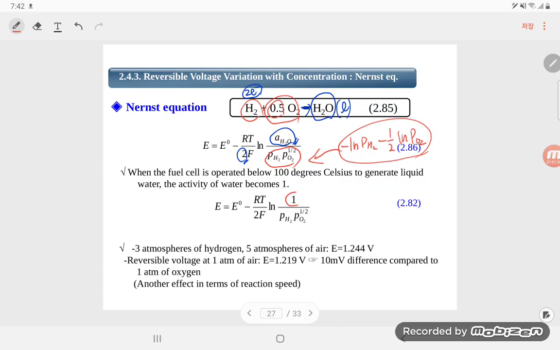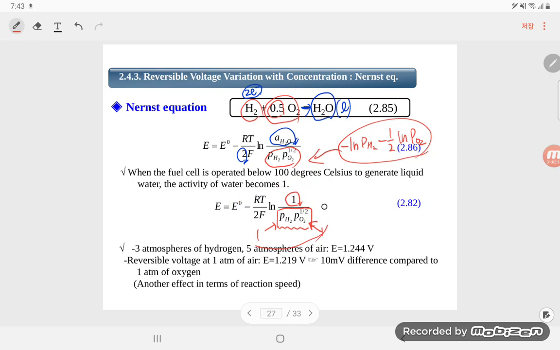So here is 1, and the pressure is located as a numerator, right? So if we insert 1 and 1 to pH2 and pO2, then this term goes to 0. So that means the reversible potential in the standard condition, right?